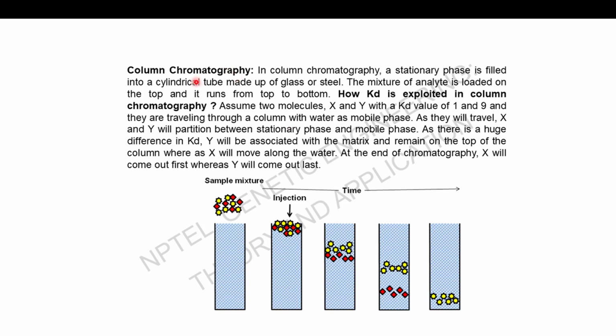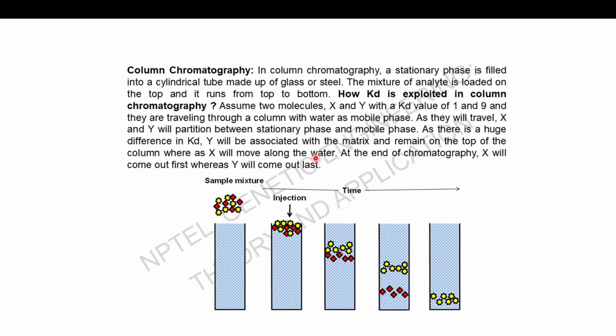Now, when we talk about column chromatography, what happens in column chromatography? There's a stationary phase or a matrix, and a mixture of analyte is loaded here. This particular sample mixture, for the sake of simplicity, consists of only two kinds of molecules, the red squares and the yellow stars.